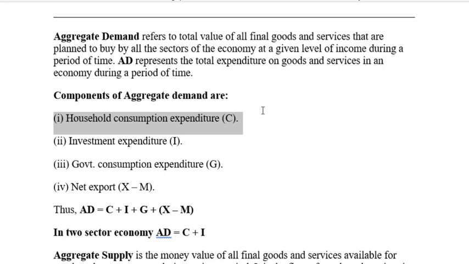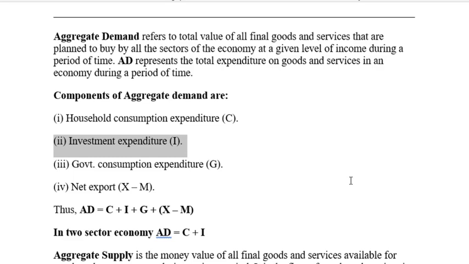The next one is investment expenditure by firms. We define it by the capital letter I. It refers to planned expenditure by private entrepreneurs on creation of new capital assets like machines, buildings, and raw materials. An economy grows through investment.